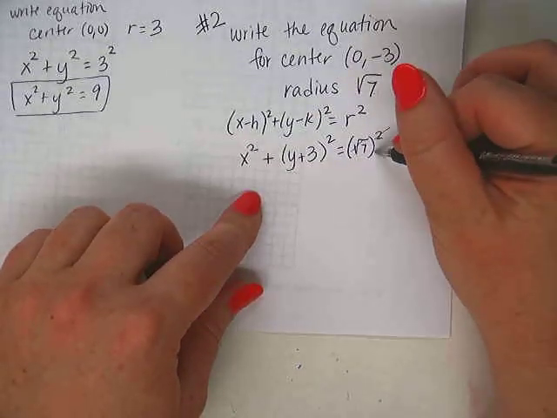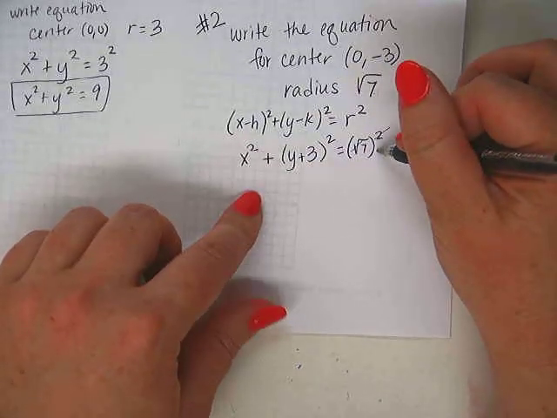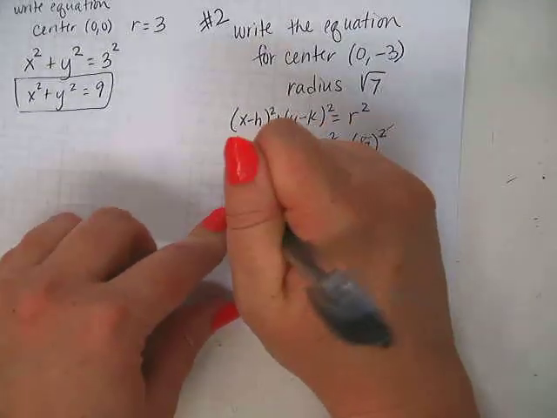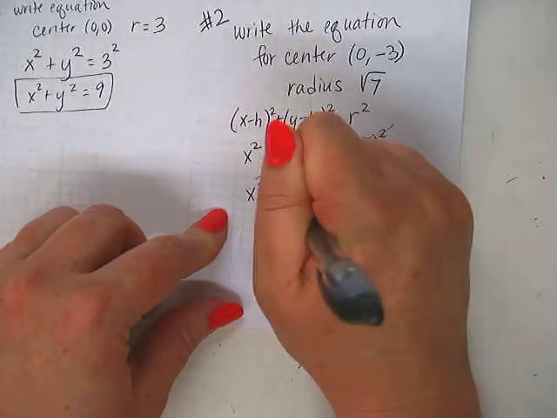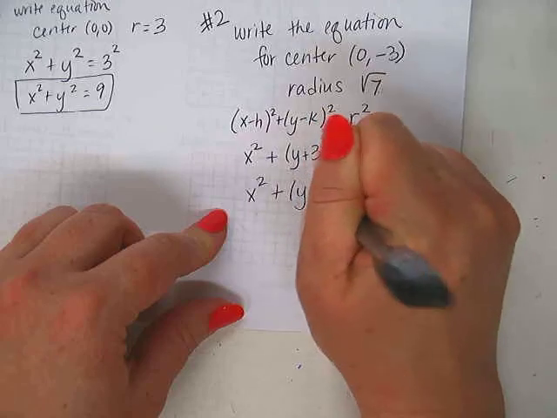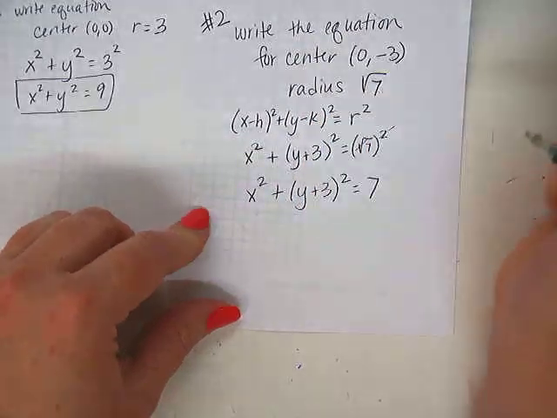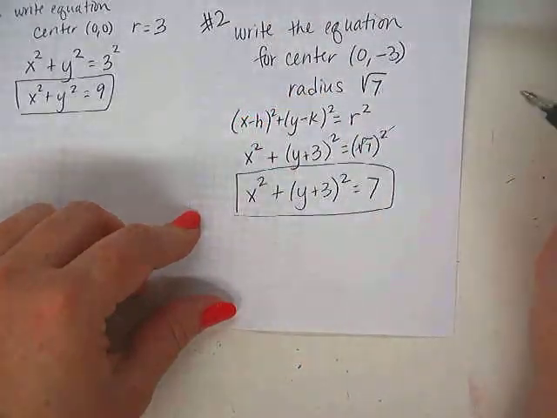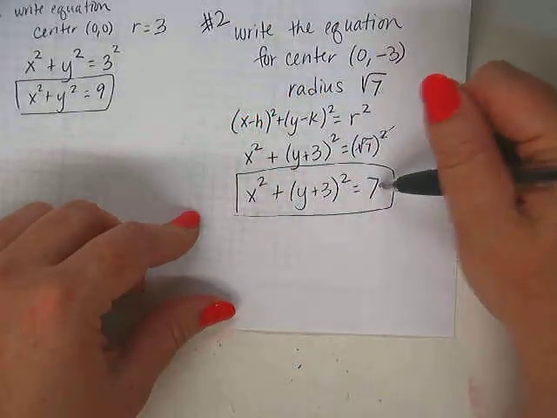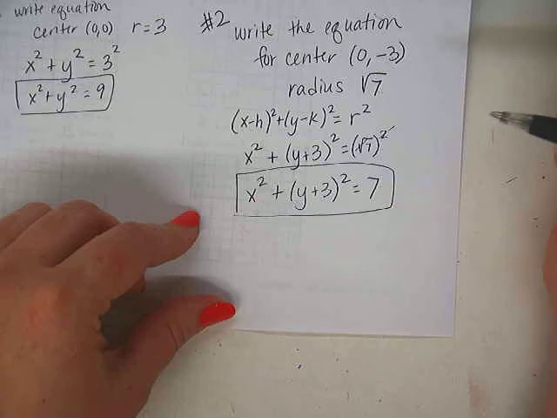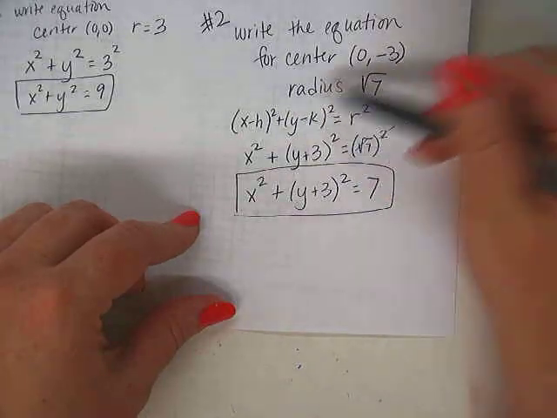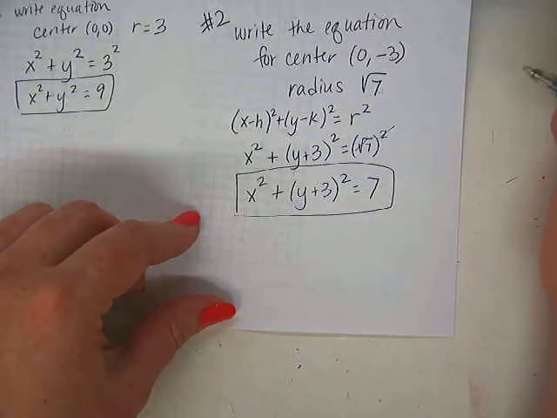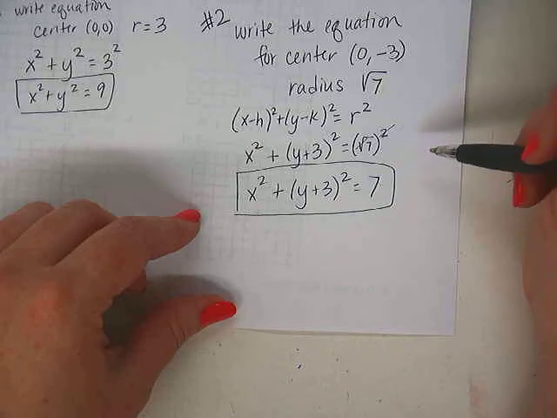What happens when you square a square root? It cancels out the square root. So if you multiply square root of 7 times the square root of 7, it means the square root of 49. And what's the square root of 49? 7. Because the square and the square root simply cancel each other out. And that's how you'd leave your answer. It's just 7. That's it.